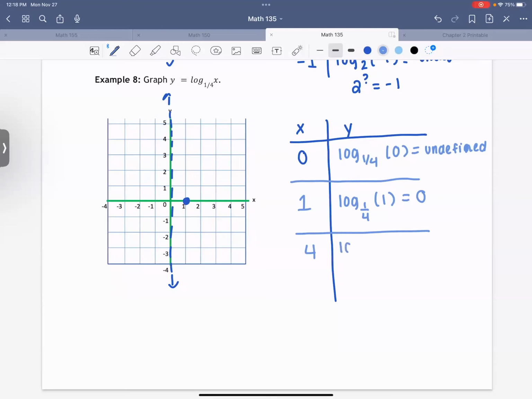Let's do the log base 1/4 of 4. If I want to figure this out, it might be good to put this in exponential form so we can think about what's going on. What's the base of my exponent? 1/4. What's the exponent? Question mark. And the final answer is 4. What power of 1/4 gives me 4?